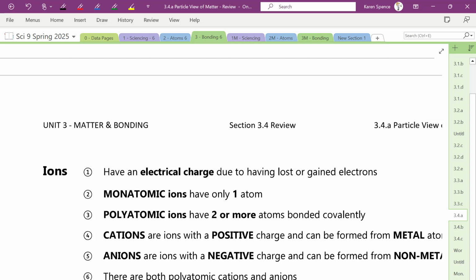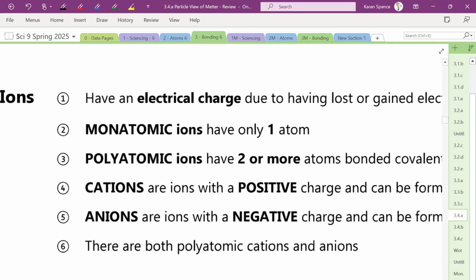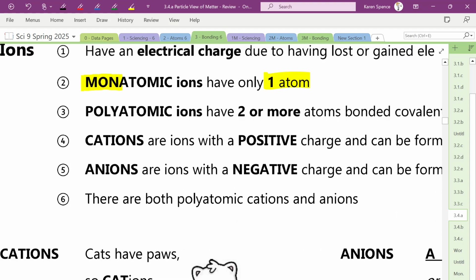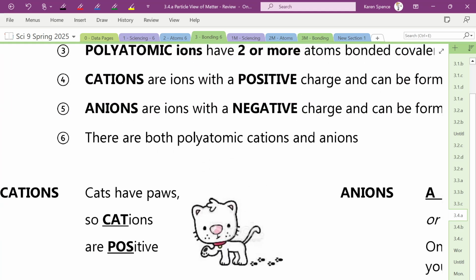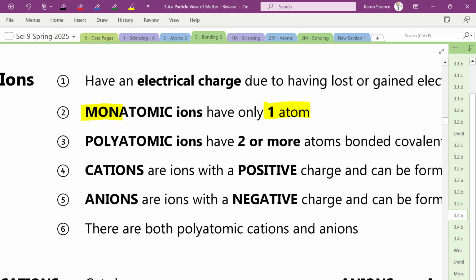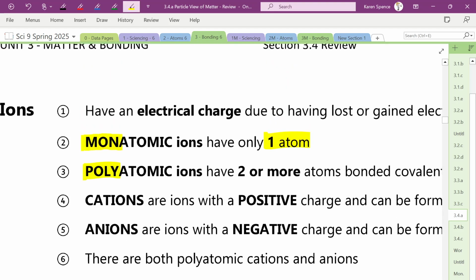Ions have an electrical charge. We did this yesterday. You can have monatomic ions. How many atoms do monatomic ions have? 1. We are now on page 67. We have polyatomic ions, which have 2 or more, in other words, many atoms. Cations, if you remember, CAT has a plus sign in it.